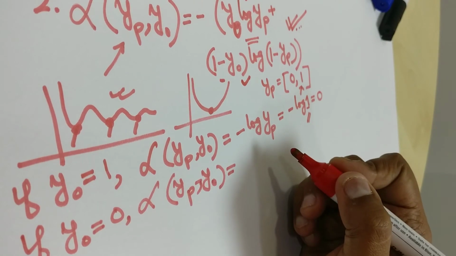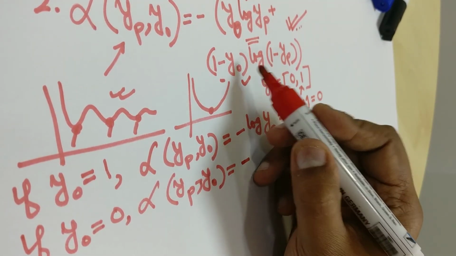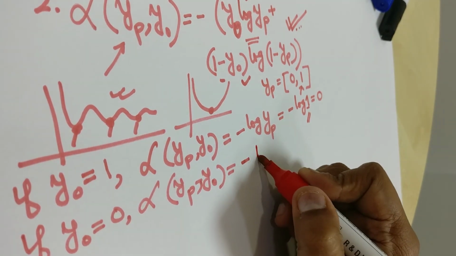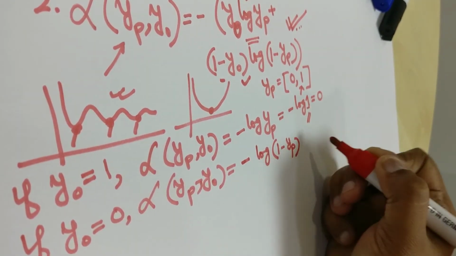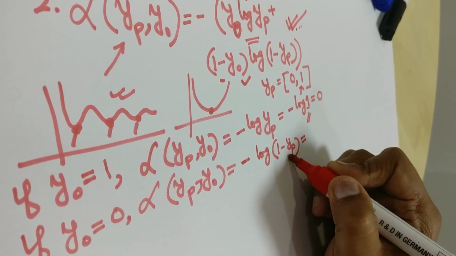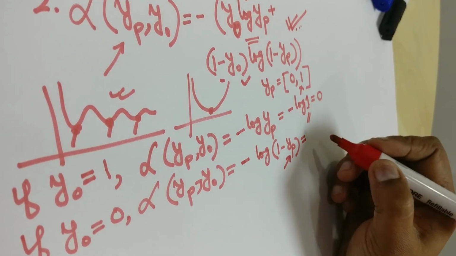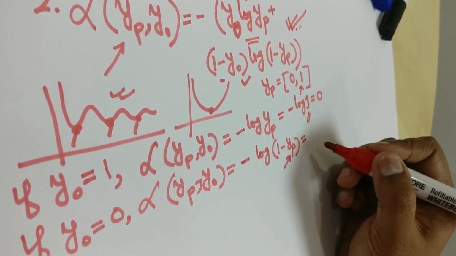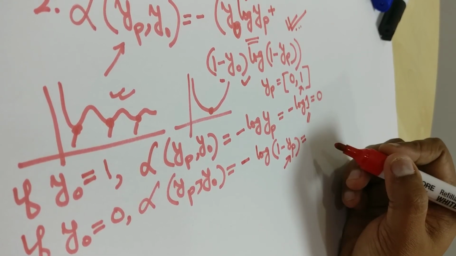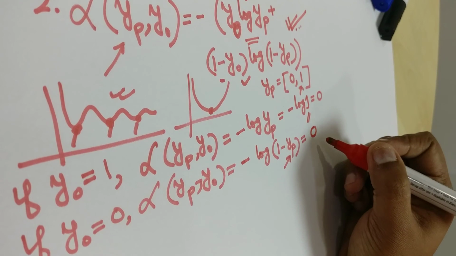So y naught is 0, so it will be 1 times log of 1 minus yp. Again, in this case we want this yp to be as small as possible, so that log of 1 minus y hat is as small as possible, so that eventually this also becomes 0. The loss function becomes 0.